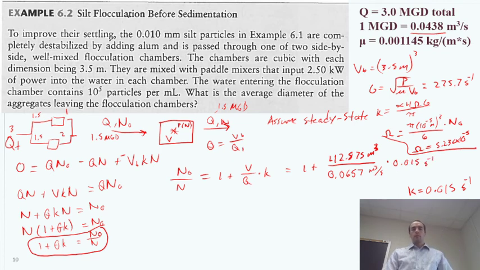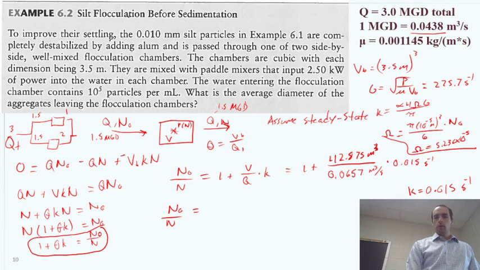So we should be able to get a value for n naught over n, which is 1 plus all this stuff. While you calculate that, I'm looking back through my old notes, and I'm getting the same numbers from when we did this in the past.